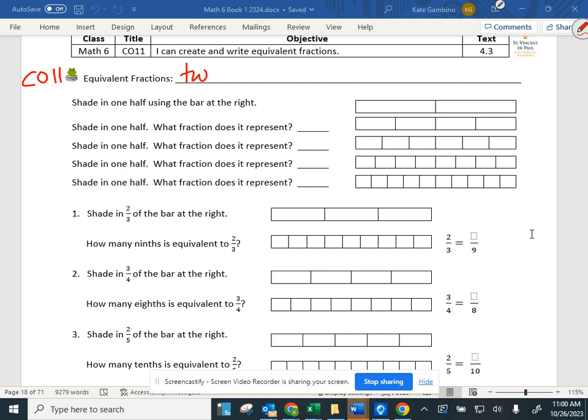So two fractions with the same value. Who remembers how we found those? We multiplied the top and the bottom by the same number. So write that on CO11.